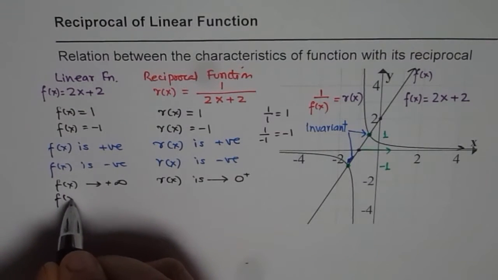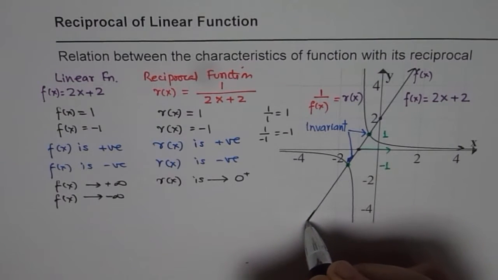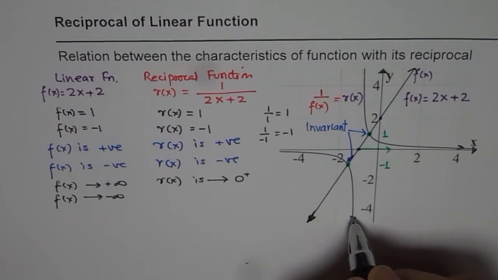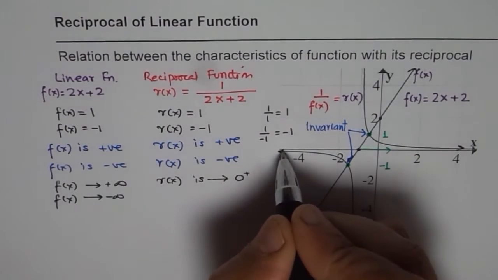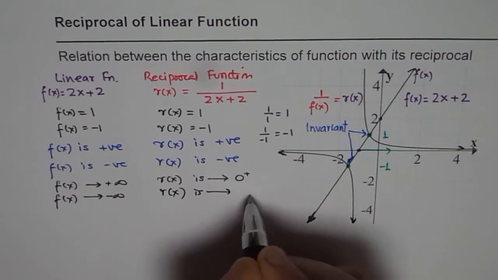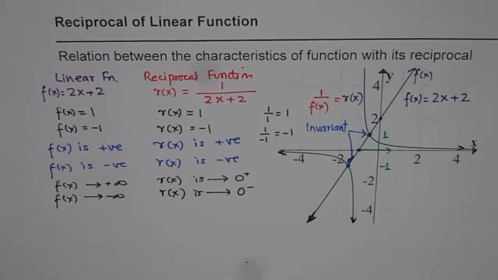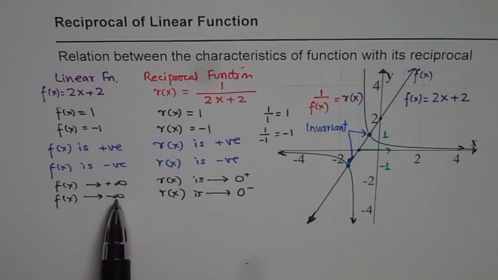But when f of x is approaching negative infinity, that means this side, right? Then reciprocal is again approaching 0, but from the negative side. So you can combine these two. When f of x is negative, r of x will be negative. Approaching high value, they are approaching lower values, correct?